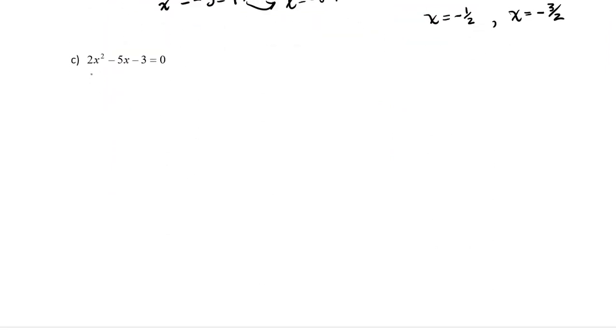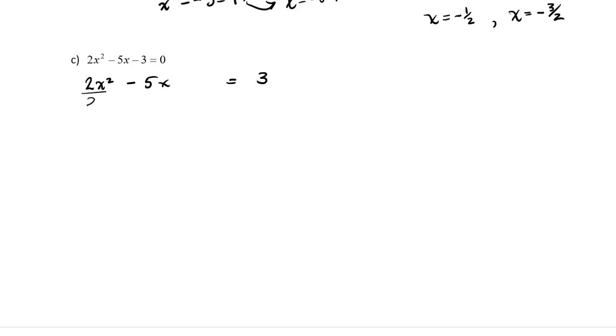In this last exercise, we have 2x squared minus 5x minus 3 equals 0. I'm going to bring the -3 over to the other side. This gives me 2x squared minus 5x is equal to 3.